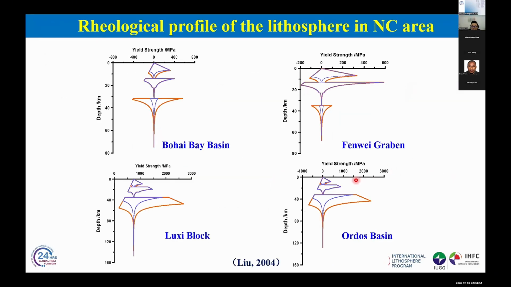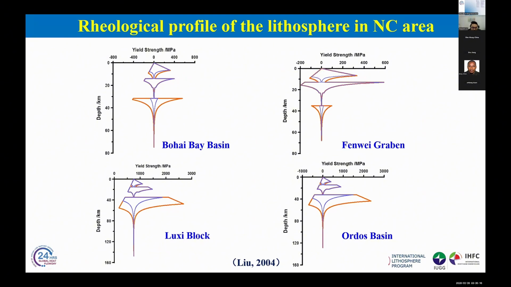So this is also the case in China. I give you a case study from my early work on the North China Plateau. We can say this area also shows crust extension, such as the Bohai Bay Basin and the Fenwei Graben. With the high temperature in the deep, this results in the small strength of the lithosphere like this one.